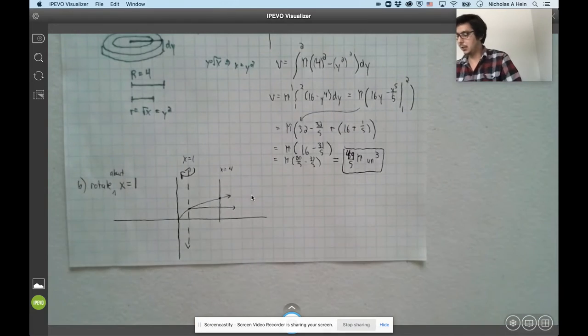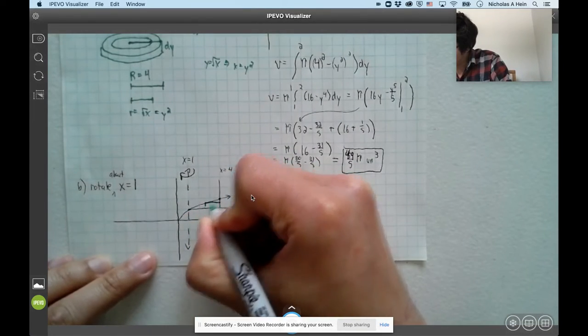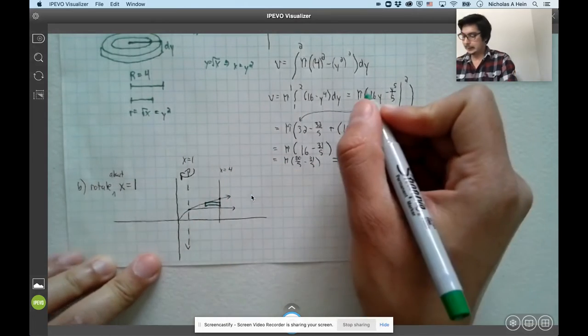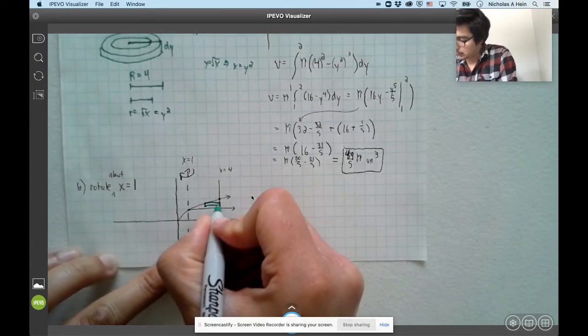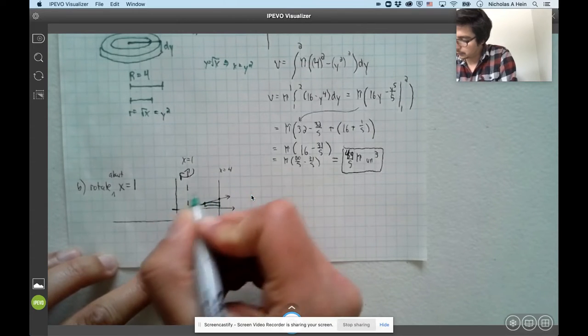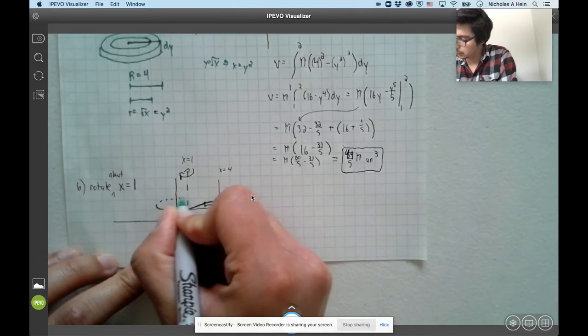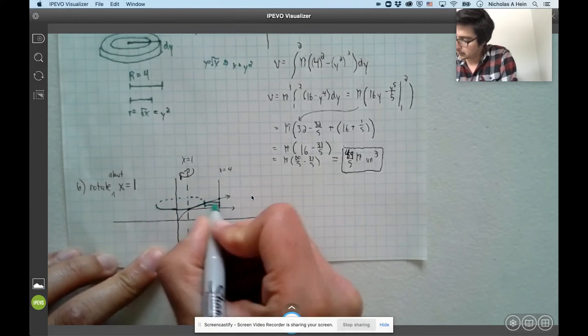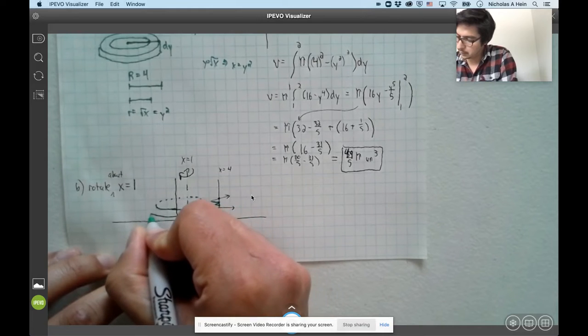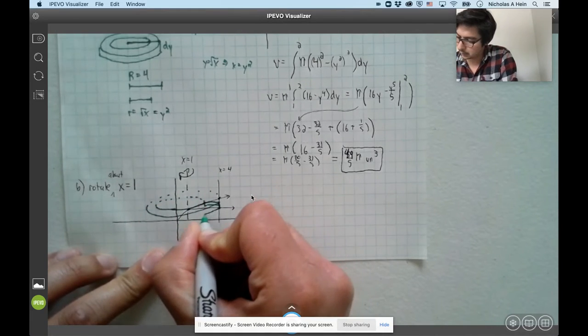So if we make our cross sections, so we fill our space with a rectangle there. And we're going to rotate about this line. So let's see, here's your inner radius going around, and then it would be behind the paper. Your outer radius going around and behind the paper, and then you have a thickness there.